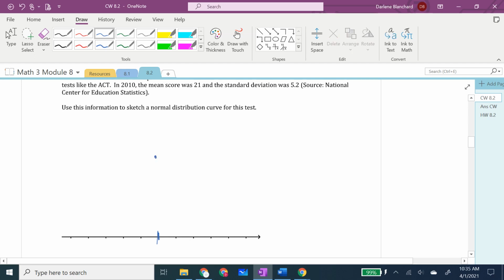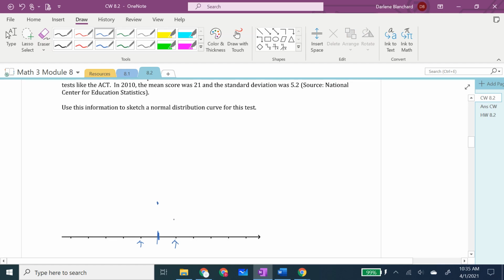You need to figure out how much is one standard deviation. Now, looking at this, I think I'm going to go with this is 1 standard deviation away from the center. And in order to draw this better, I think I'm going to put this lower so it's easier to read.